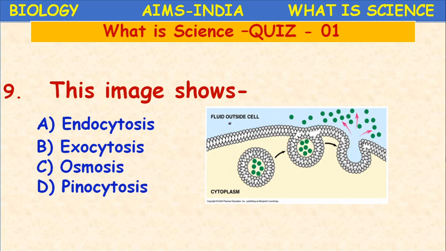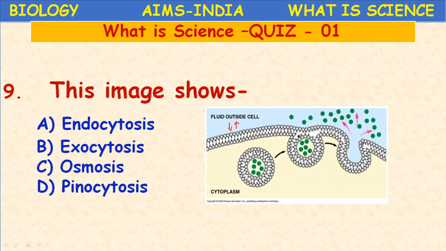In osmosis, the movement of particles takes place to and fro through the plasma membrane from high concentration to low concentration. When two solutions of different concentration are separated by this plasma membrane, the exchange of materials takes place. That is called osmosis. It is a physical and physiological process, whereas pinocytosis and endocytosis are physical processes.